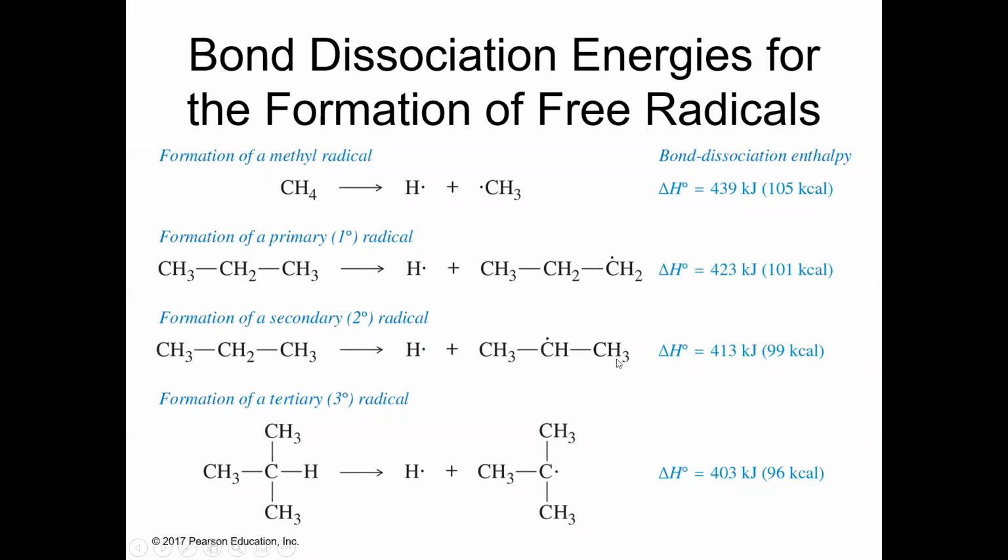Okay, for formation of the secondary free radical, or bond association for the secondary CH, that's now 413, so that's easier to break. And for a tertiary CH, it's 403, so that's even easier to break. Okay, so all these CH bonds are different depending on their classification.